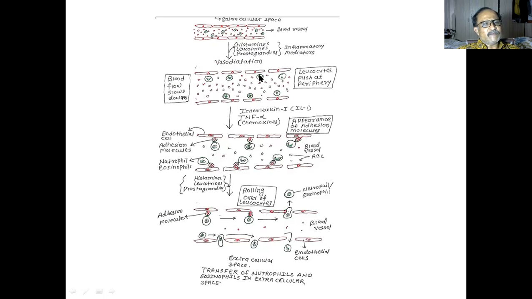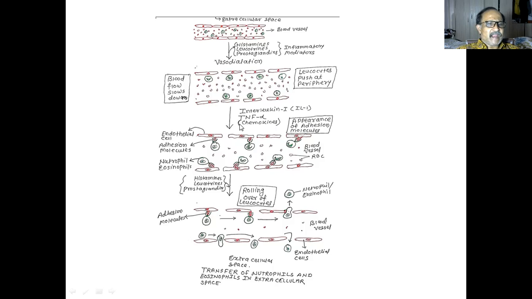First blood flow increases, then after leakage of fluid into the extracellular space, the blood flow slows down, then it pushes the leukocytes to the periphery of blood vessels, and RBCs flow at the center. Then after this event, what happens? The adhesion. This is one of the events.